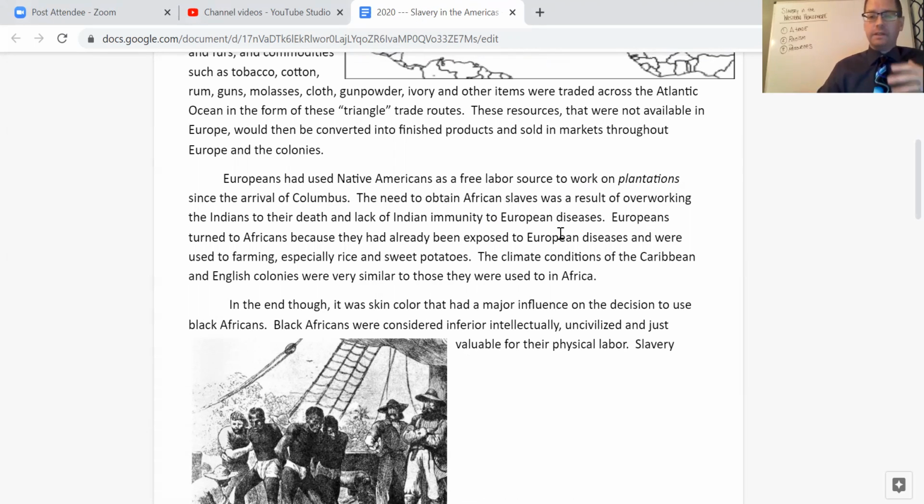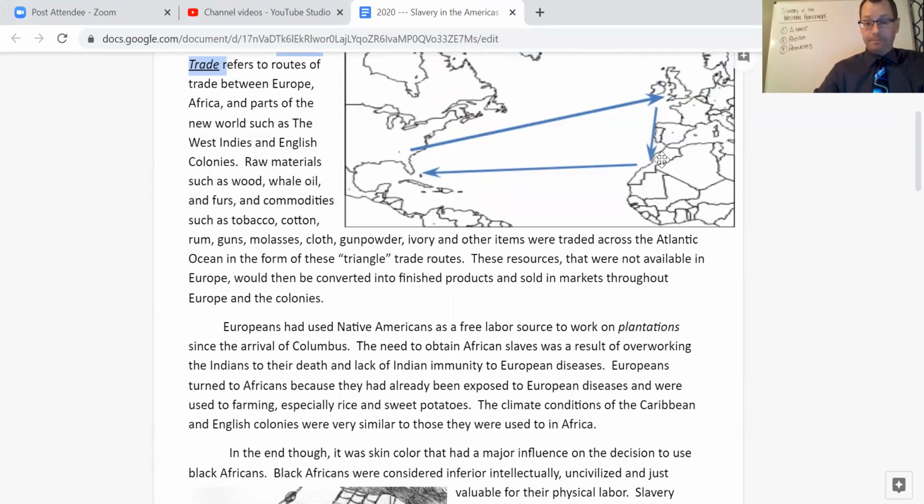As you continue to read, it talked about the need to have Africans take over the role of slaves. Now, the reason why Africans were picked is numerous reasons. They had been exposed to European disease already. Let's scroll back up to the map. As Europe began to explore, they went all around Africa. They had had trade relationships with Africa for years. So for Africans to see Europeans was not a big deal. And those diseases had already spread, so their immunity made them a much more successful trade item.